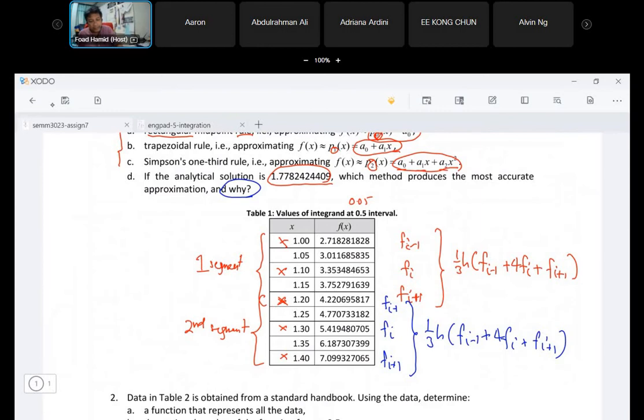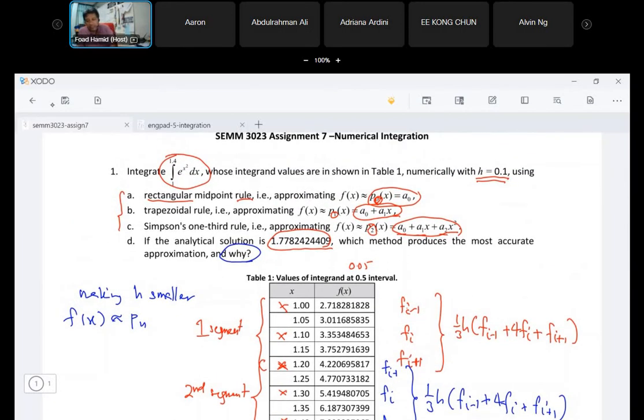One is by making h smaller, and the other one is by approximating our f(x) using the highest possible polynomial. Those are the two things. In our case here, our h is a constant value.